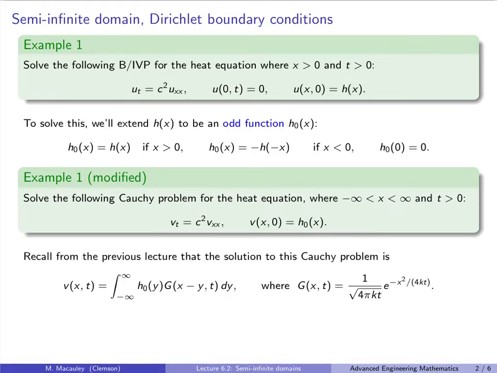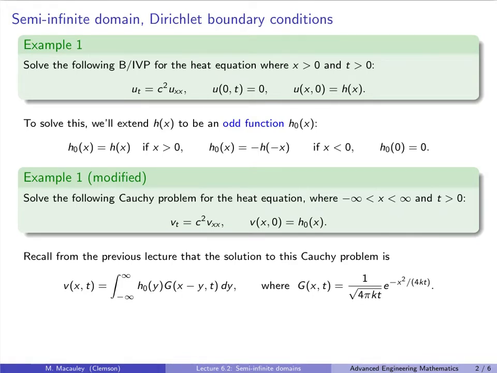Recall from the previous lecture that we have a very nice formula for the solution to this Cauchy problem. Namely, it's the integral over the whole real line of the initial condition, h naught of y, times g of x minus y and t, with respect to y, where g is this Gaussian, this bell curve.